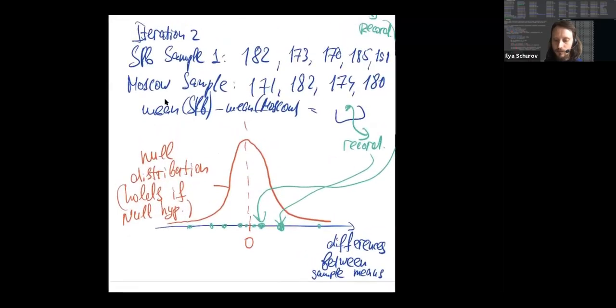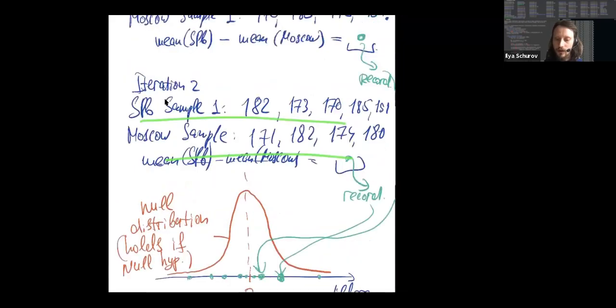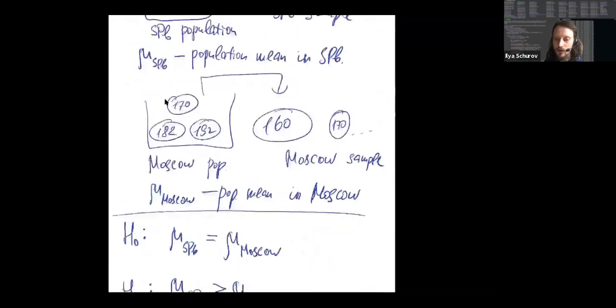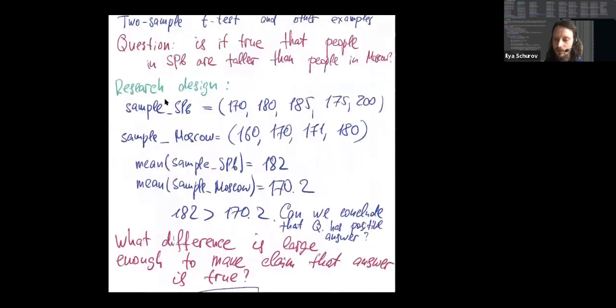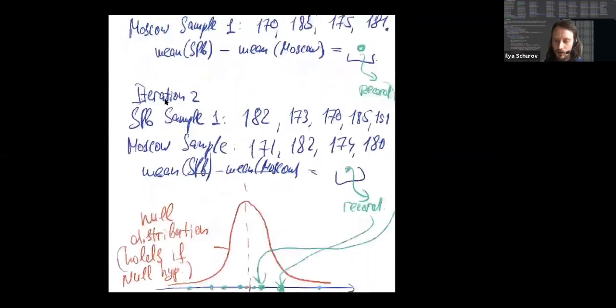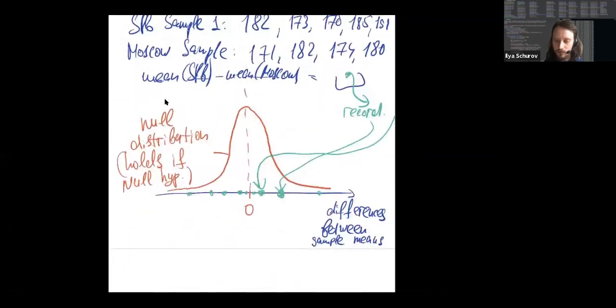And now we have to plug in our actually observed samples, not virtual samples that we generated here, but the actually observed samples that we start with. How would we do it?